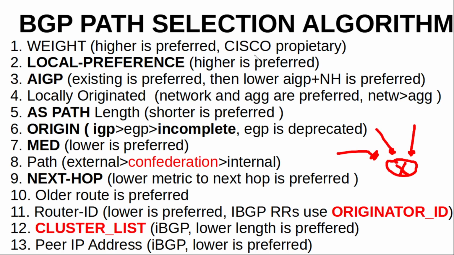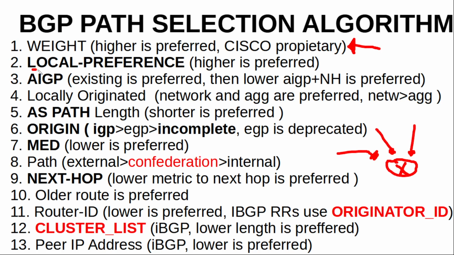For Cisco, this is a Cisco proprietary factor. Number one is the weight. If you go to other vendors, you are not going to see weight. Some other vendors may implement another parameter that is similar to weight that evaluates as number one.